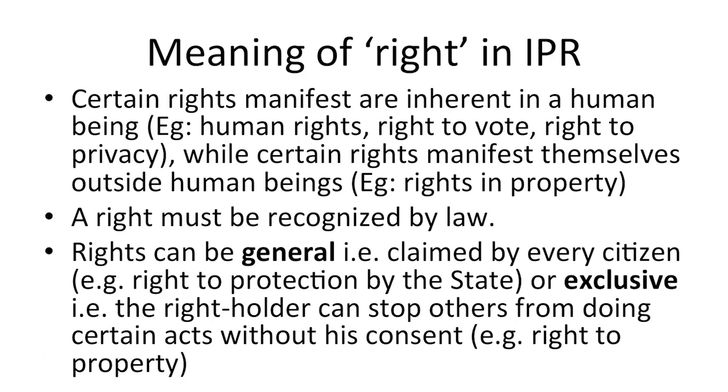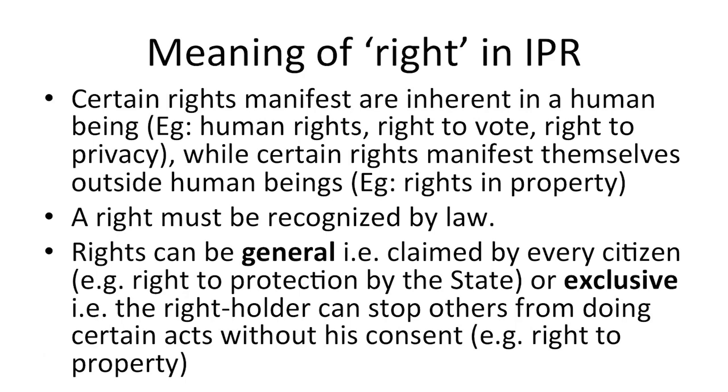Whereas there are certain rights that could be exercised in an exclusive manner. Now, when rights offer you exclusivity, it means that you have a right to stop people from doing certain acts. For instance, if you own a property, then you have a right to exclude people from getting into the property or enjoying that property.